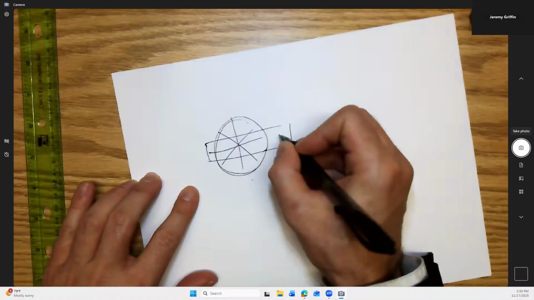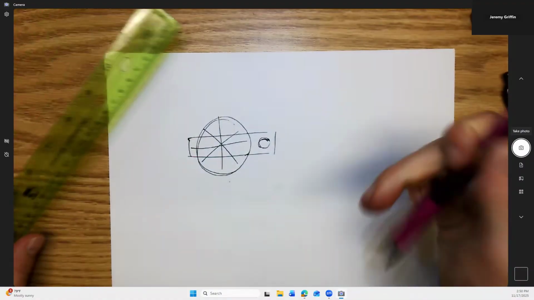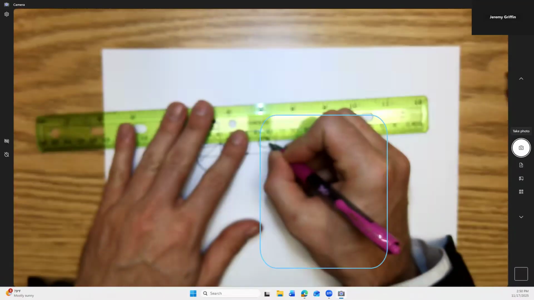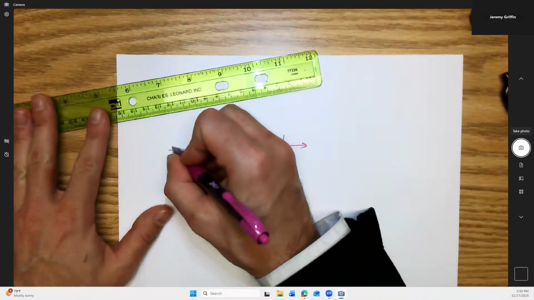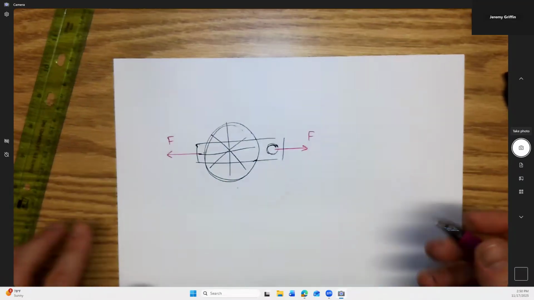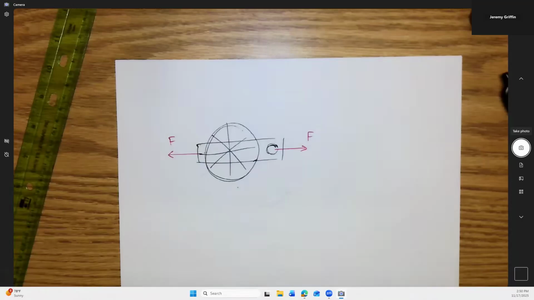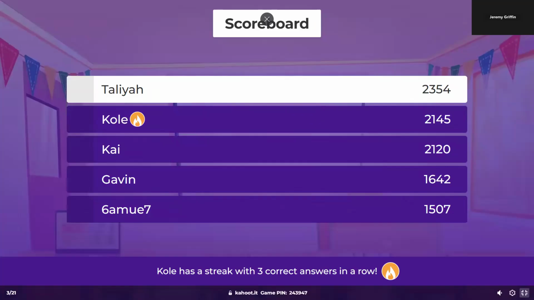And we got this table tennis ball, or you go, cannonball. So there's a force acting forward on the ball, and there's a force acting back on the launcher. And you guys just said it's the same force, which is true because that is Newton's third law. Now those objects have different masses, so I think the smaller mass would accelerate more, and the large mass would not accelerate as much. But it's the same force.